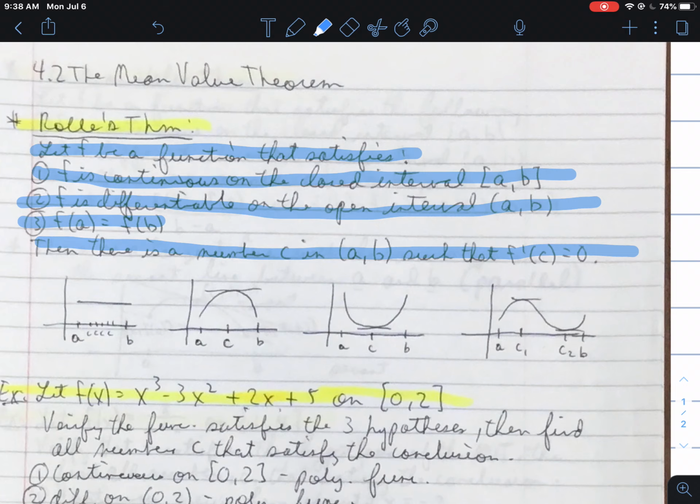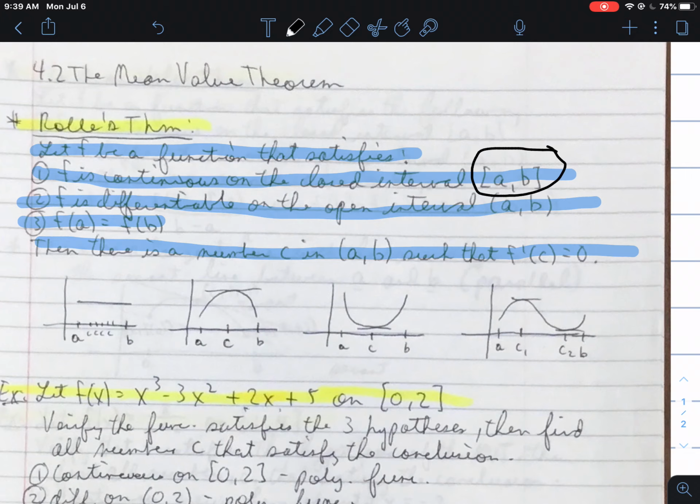And so if I have a function that I can just by observation tell you is continuous over the closed interval, now do be careful here. Continuity, remember, we can talk about continuity at the endpoint of an interval. We can't talk about differentiability at the endpoint of an interval because we don't know what's happening outside the interval. But we did talk about continuity at the endpoint. You could be continuous from the left or from the right.